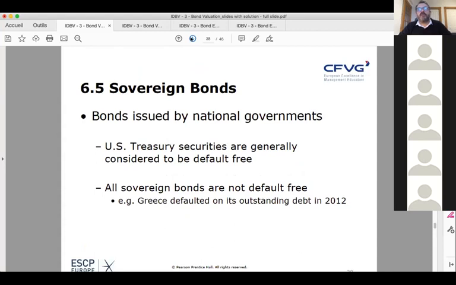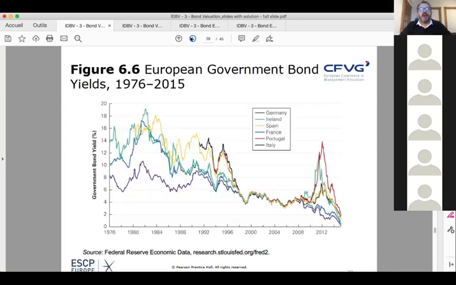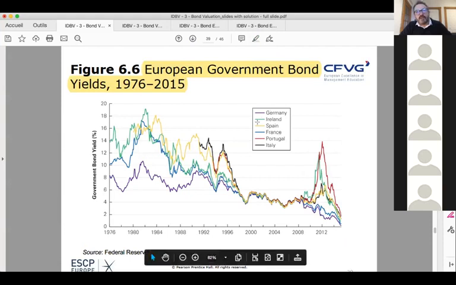So I was talking about sovereign bonds or corporate bonds, but you also have government bonds, right? And just here to show you, this is an interesting figure. I think it's in Europe, so European government bonds. You have several countries: Ireland is in green, Germany is in purple, France is in blue.